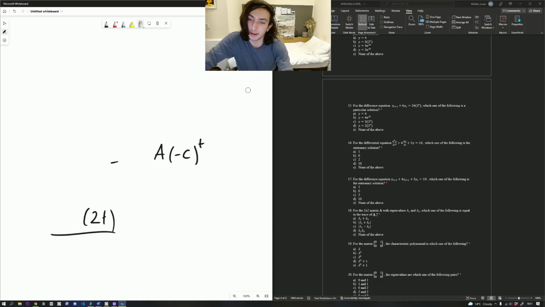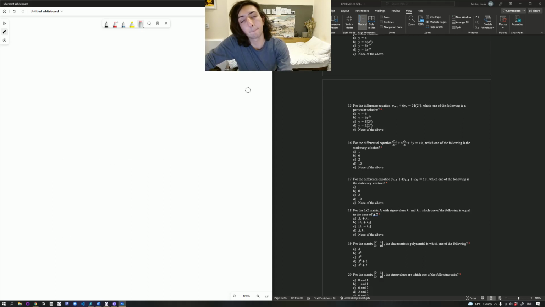But yeah, what I'm seeing so far is that when we're finding the particular solution, you want to find just a form, which we're going to use a 2^t here, because you can see the final bit is in 2^t. Also, that excludes a, b, and e out the gate.